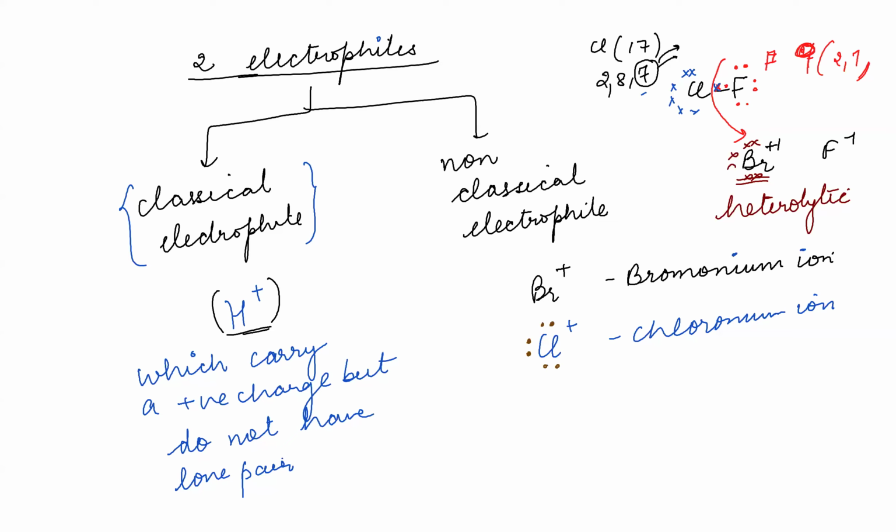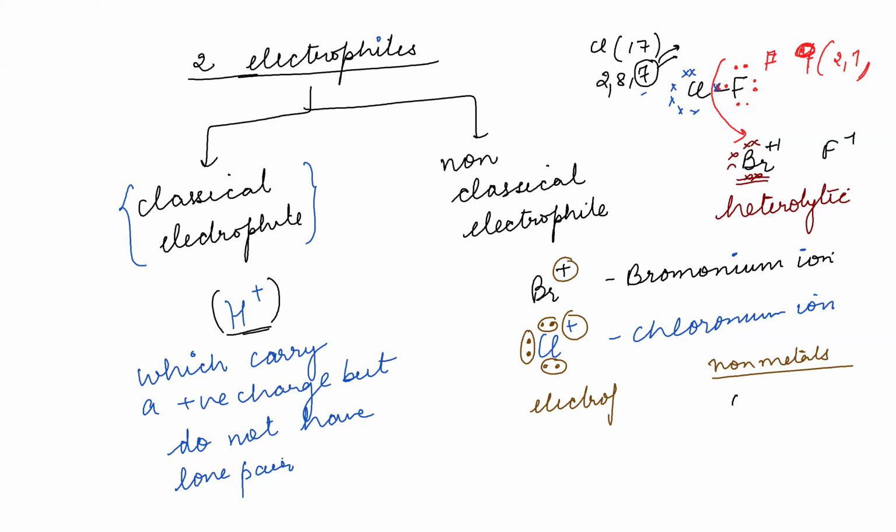Basically these are the electrophiles which have a positive charge on them, but also they carry a lone pair. So they have this dual nature: they will have a negative charge, like the lone pair, which is negatively charged, and they will also have a positive charge. But because they're carrying a positive charge, you understand chlorine, bromine, these are non-metals. And the basic definition of non-metals is that anything which can accept electrons.